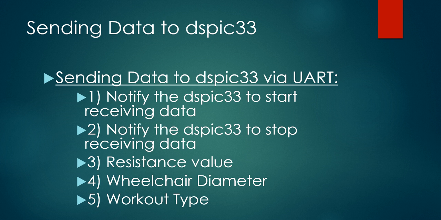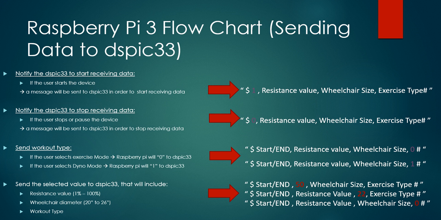The Raspberry Pi will also send the resistance value, wheelchair diameter, and the workout type. This is the only data that the Raspberry Pi will be sending to the dspic33.